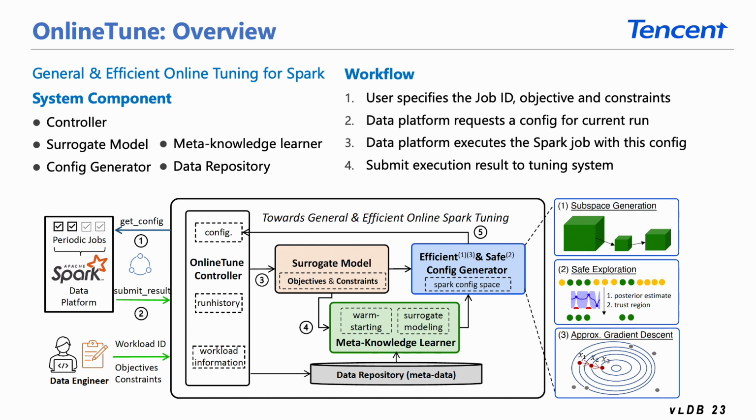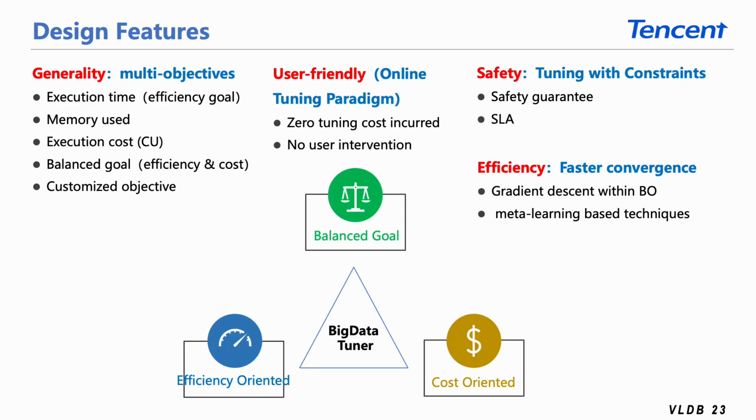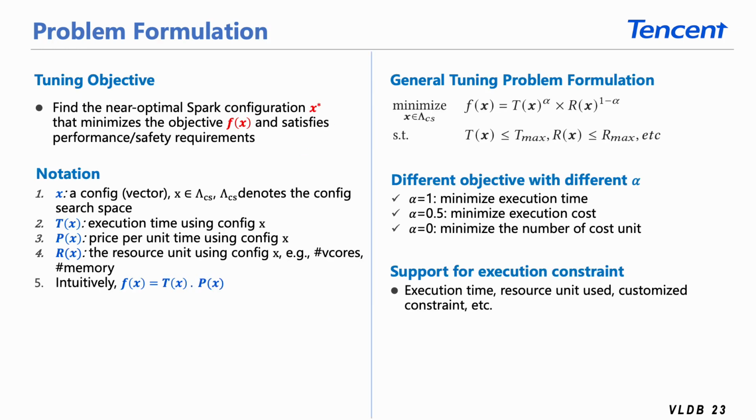After the job execution is finished, the data platform submits the execution results to the controller. When the tuning is stopped, the controller returns the best configuration found during tuning. Within this system design, OnlineTune enjoys several features: generality, user-friendliness, safety, and efficiency.